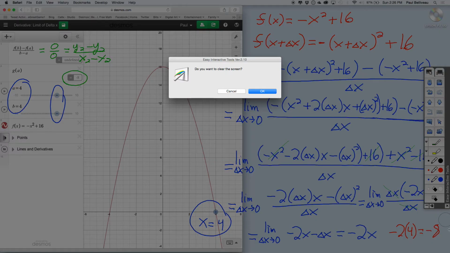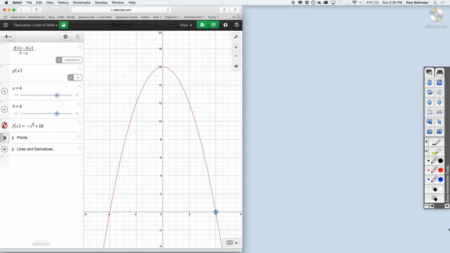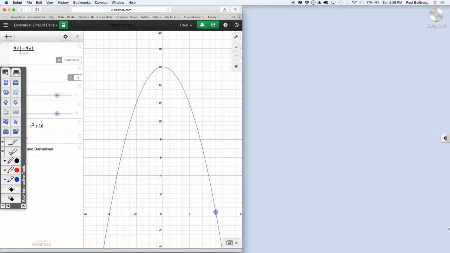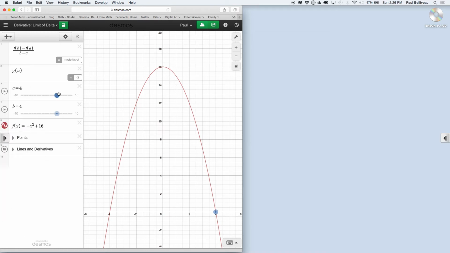Actually, at this point, I'm just going to erase everything. And now, let's see. According to Desmos, let's look at some different points. We've got our slope back now. Let's just go back up to 3.